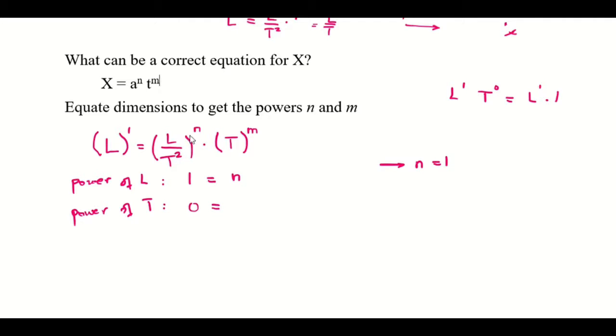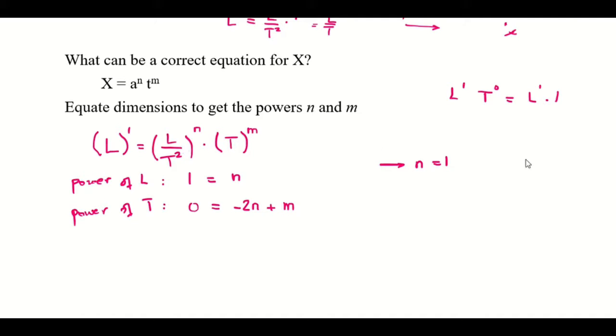On the right side, it's n and a square, and that's in the denominator. So it's minus 2n. The power of a power is multiplied, so it's 2n, and that's negative 2, so it becomes minus 2n, and here it becomes m, and the powers are added together.